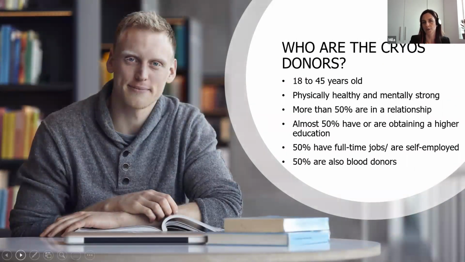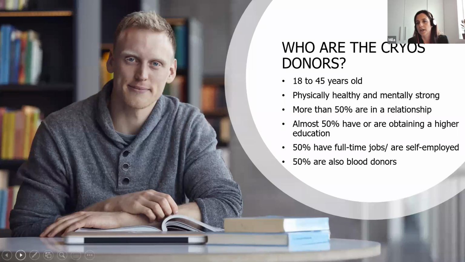So who are our donors? First, I would like to say that we are very selective when we accept the donors. We only accept 5 to 7 out of 100 applications that we get. We have very strict standards, and it's all men between the ages of 18 and 45 who are physically healthy and mentally strong.